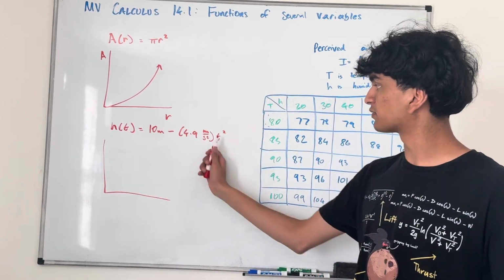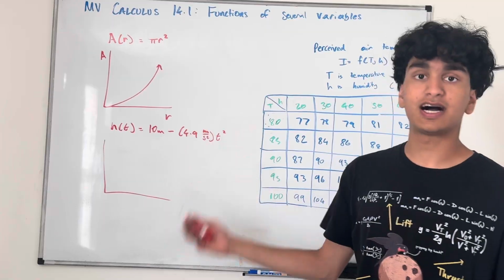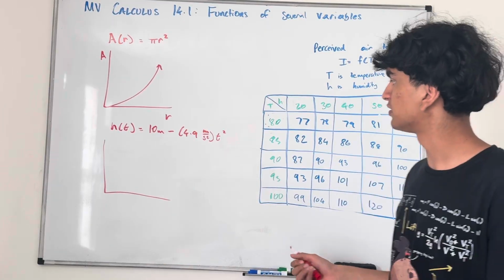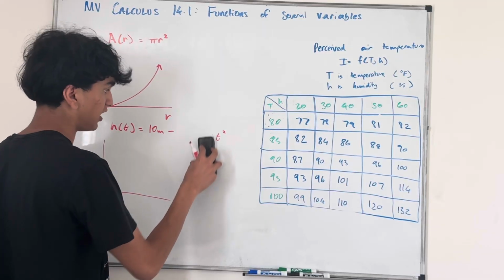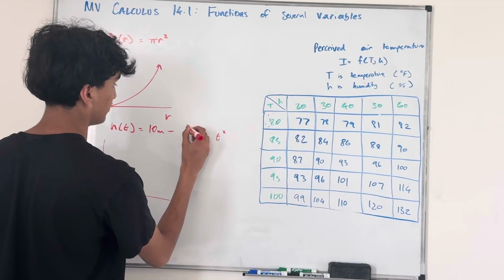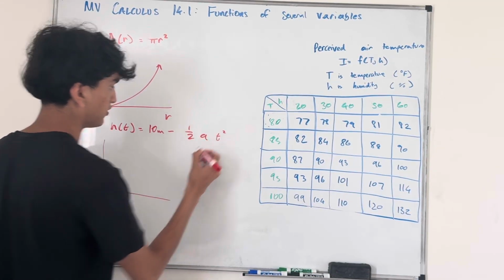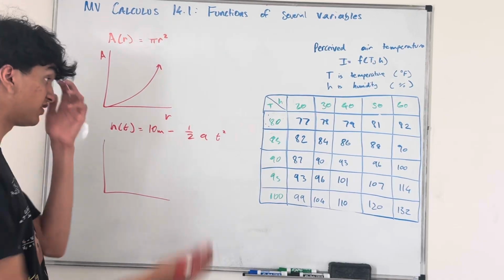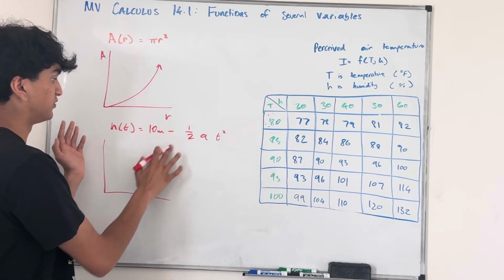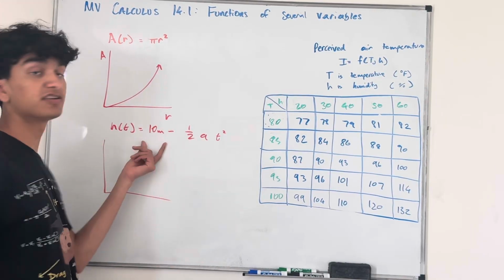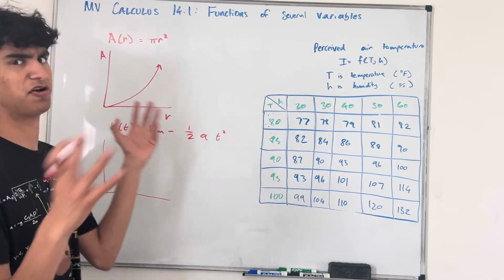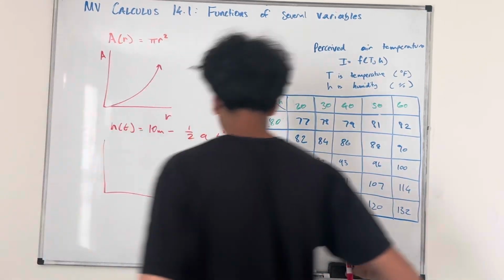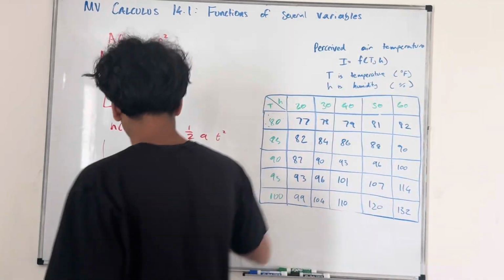This 4.9, it's a constant, but when you do the physics, it's going to end up being 1/2 a, right? It's 1/2 your acceleration, and this is also kind of its own constant, but this could also be a variable. I'm going to treat this as a constant though, just because I don't want to deal with too many variables here.